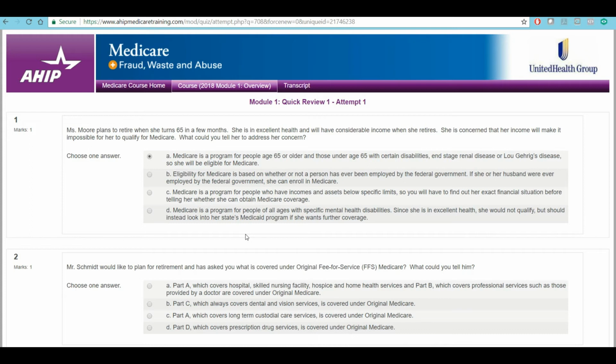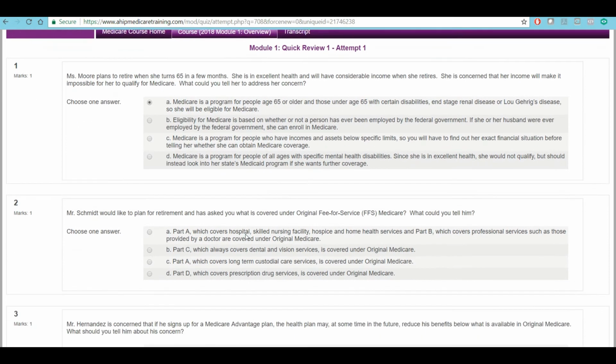Now that sounds like a description for Medicaid or Medi-Cal, so that's not it. And then D, Medicare is a program for people of all ages with specific mental health disabilities. Wow, that means a lot of people. Since she is in excellent health, she would not qualify, but should instead look into her state's Medicaid program if she wants further coverage. That's a no.